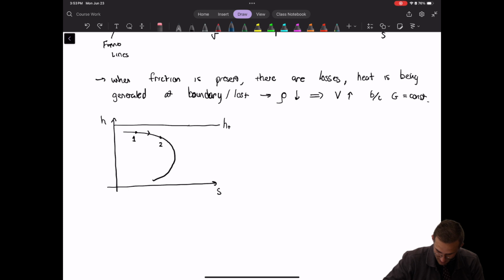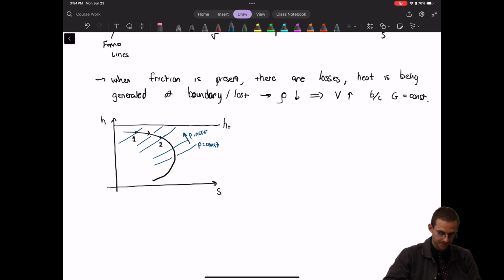So the pressure contours are at this angle here, and the increasing pressure is in that direction. So the pressure is dropping as we move from point 1 to 2, and then something interesting happens. Eventually we're going to hit a point where the entropy is maximized, right?